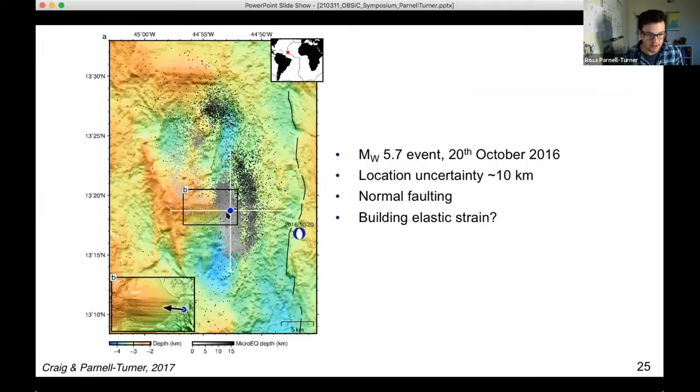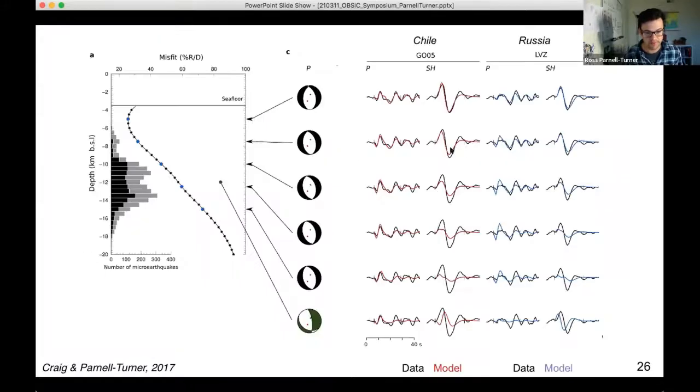So this white cross shows the uncertainty estimate for this event. But we do know that it likely had a normal faulting mechanism and was considerably larger than any of those microearthquakes that I talked about from our earlier experiments.